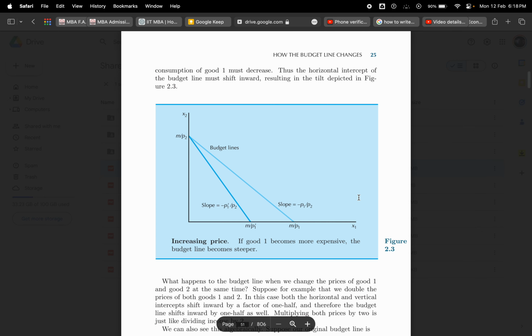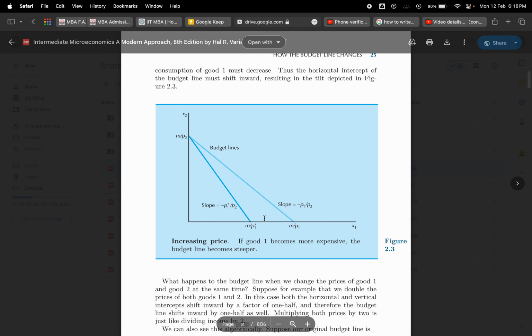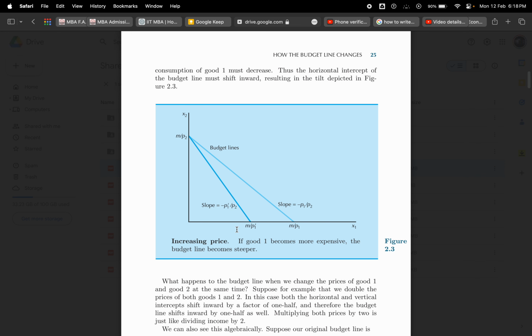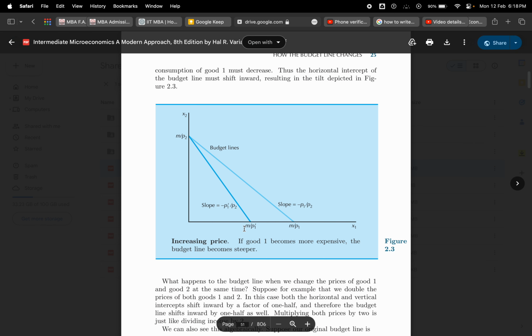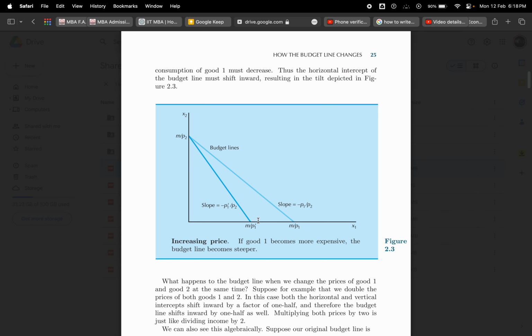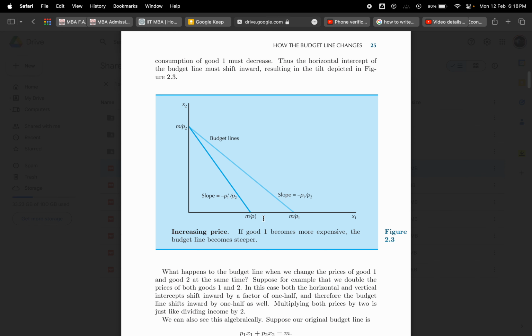So what it does is it makes the X1 expensive. So the budget line tilts and shifts inwards, because you can afford very less of X1 now, although you can afford the same of X2 with the same amount of money. So this happens in quantity tax, this happens in value tax.